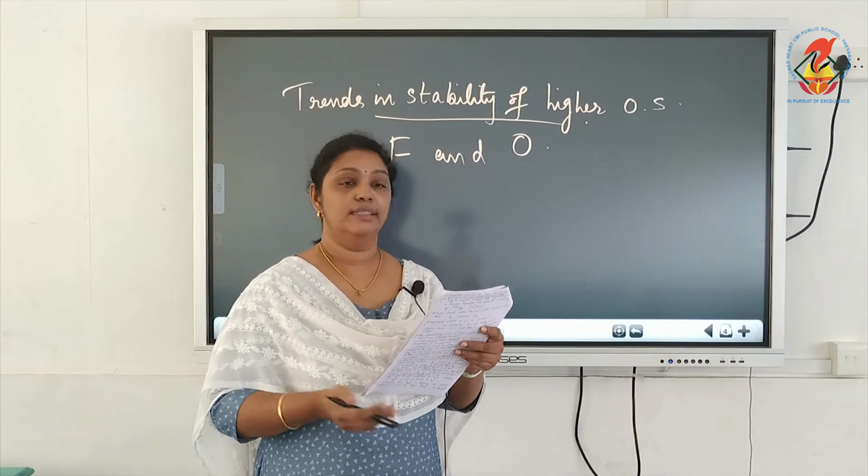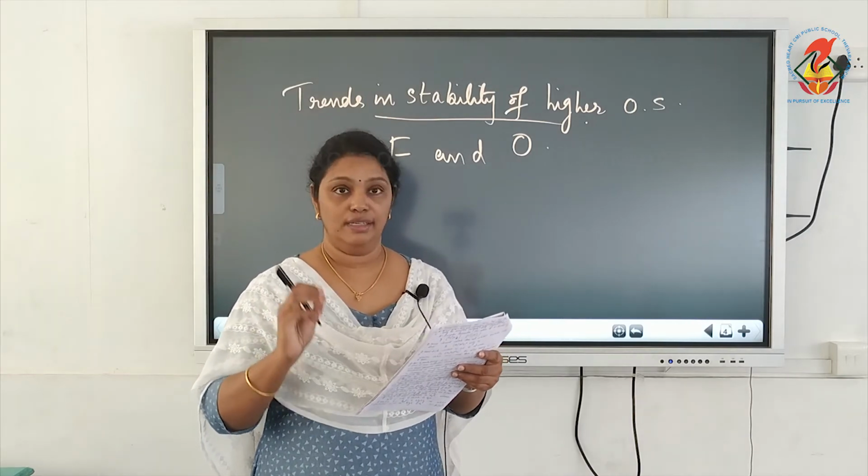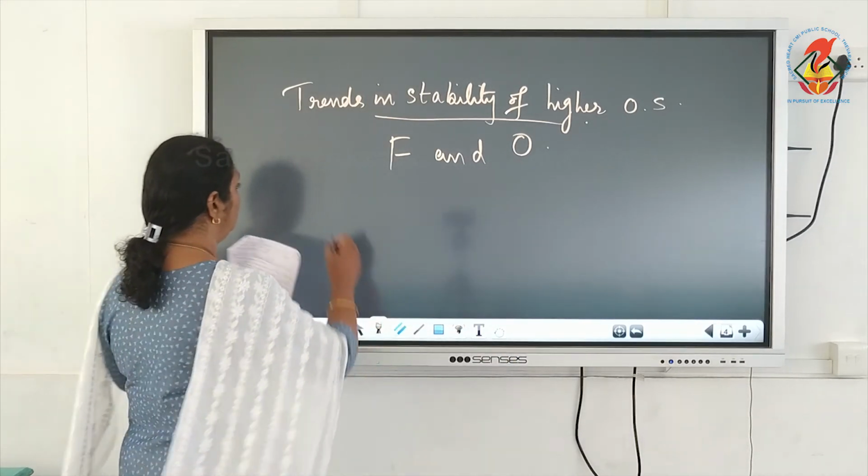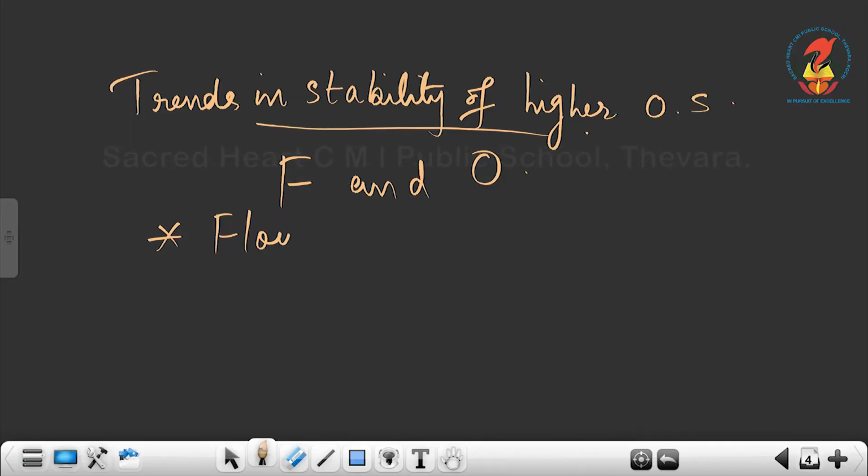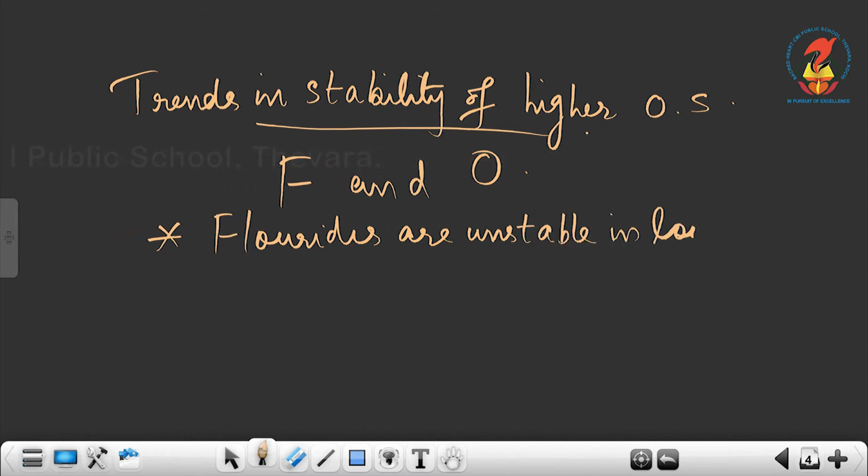Now the next thing that we have to note is, fluorides are unstable in low oxidation state. So in low oxidation state, fluorides are unstable.